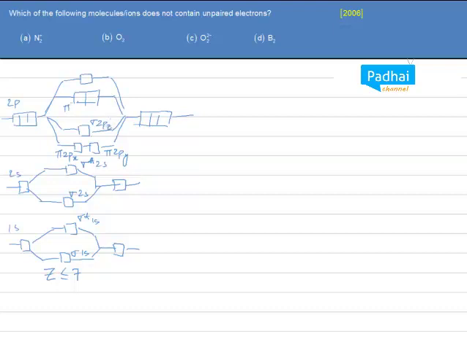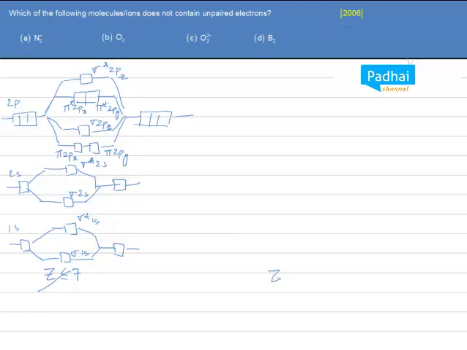This is pi star 2px, this is pi star 2py, this is sigma star 2pz, right? So this is the energy diagram for basically Z less than 7, right? That means for species N2 plus and B2, this diagram will be valid.